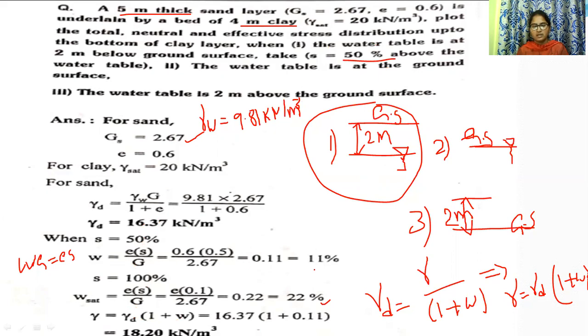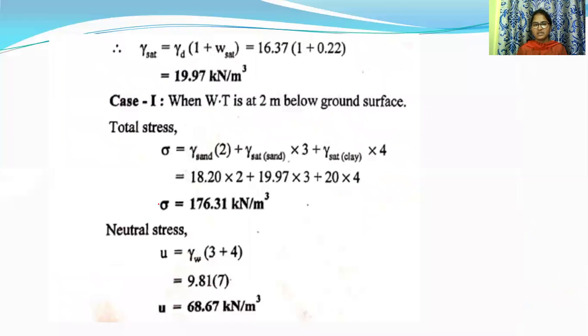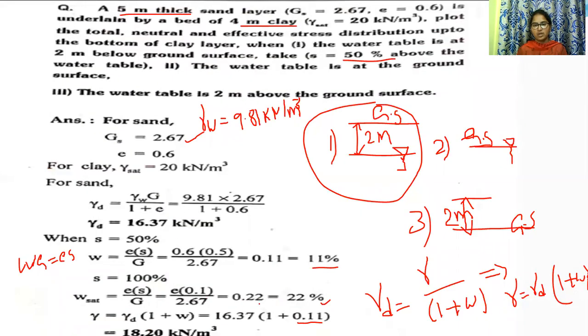We get w equal to 11%, so that 11% value we substitute here for gamma sand. Next one is gamma saturation, in which place we substitute 0.22. In the second case we substitute gamma sat because of the saturation condition. Here it is the dry condition, that's why we can determine two conditions: gamma sand and gamma saturation.